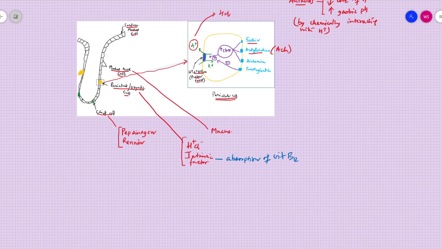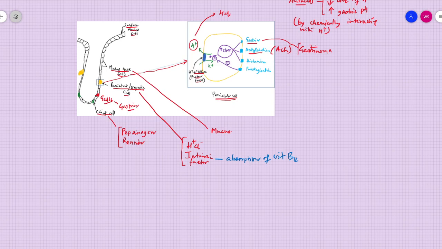For example, there is a gastrinoma. Somewhere hidden among these cells are G cells. These G cells secrete gastrin, and this gastrin acts on the gastrin receptor.